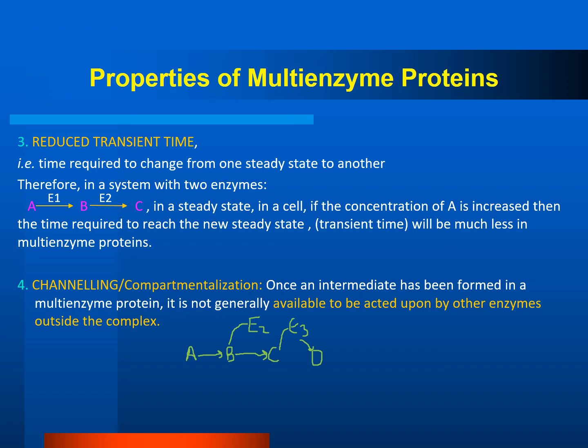However, suppose the situation is like this, that your enzymes have developed sub-internal channels or compartments through which the intermediary substrates can travel, and it is protected from other enzymes.